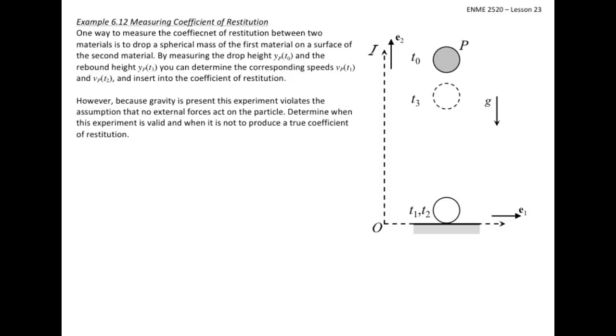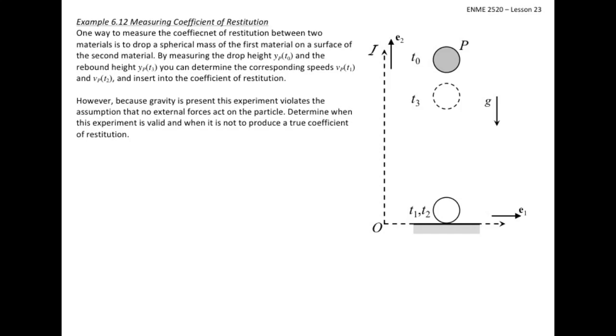An important aspect of modeling the collision between a particle and a surface is that it gives us some tools to be able to measure the coefficient of restitution. There's a simple experiment that we can use to do that: taking our particle and dropping it, with the material on the particle being material 1, and material 2 being the fixed surface itself.